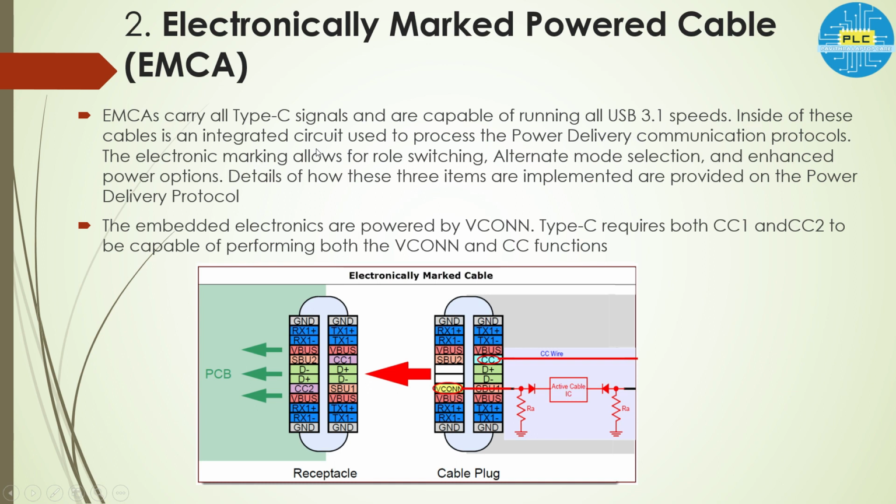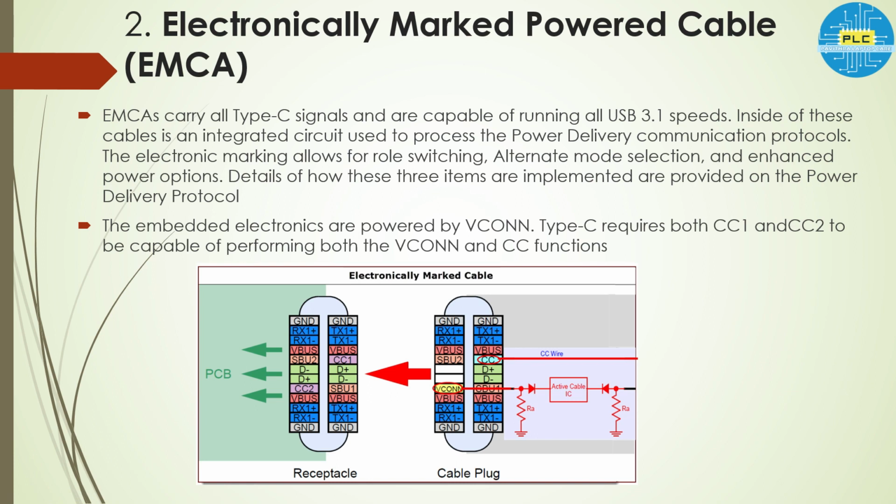Inside these cables is an integrated circuit used to process the power delivery communication protocols. Keep it in your mind: the PD power delivery capability depends on the cables, not other circuits, because the cable has that power capability.